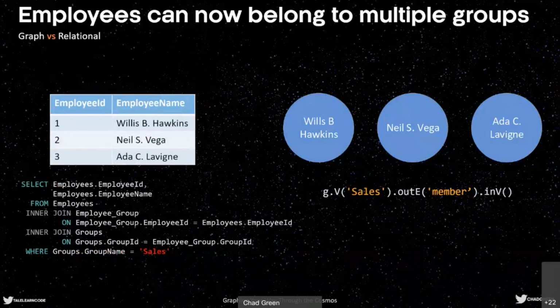And sure enough, if we look at the queries, now we start seeing joins being added in, right? And sure enough, in this example, I did 2 joins. Again, not that hard to write. I mean, this all makes pretty good sense to us. But on the graph database, I just did a pattern, right? So give me sales, and then give me the out edge, right, of member, and then go back and give me the inbound vertices.